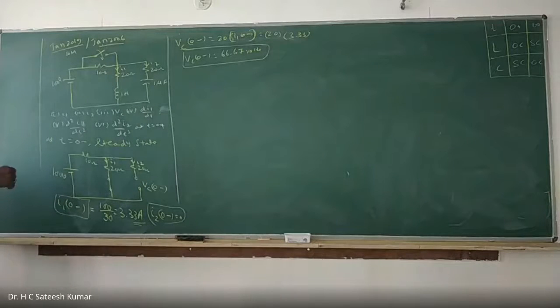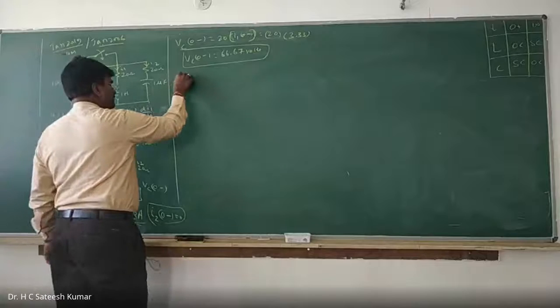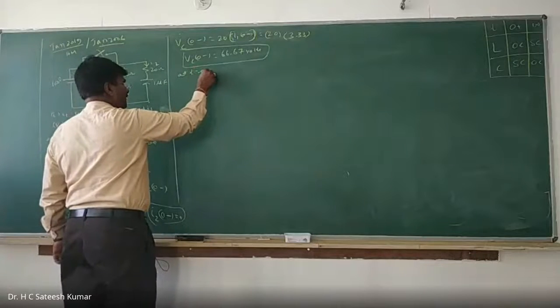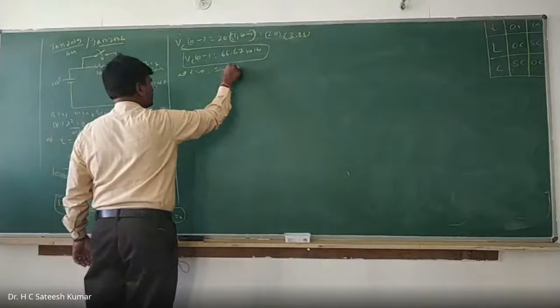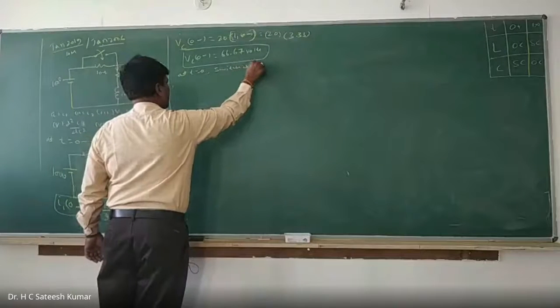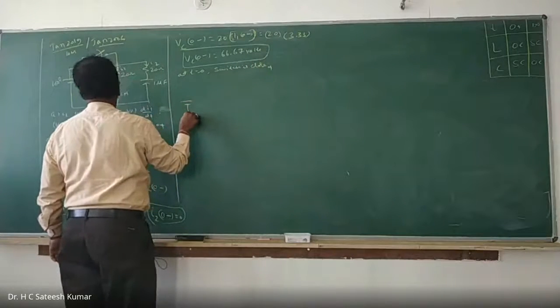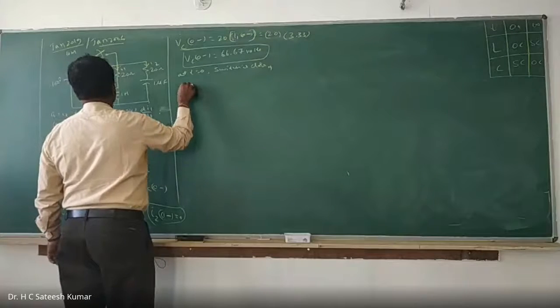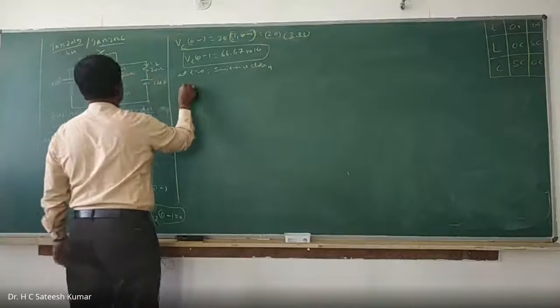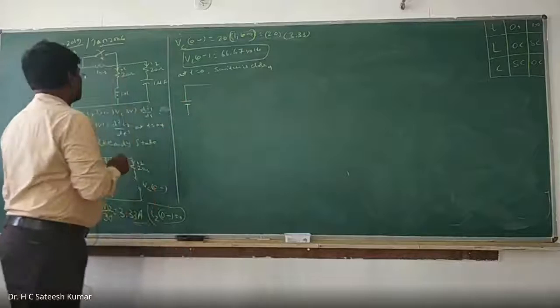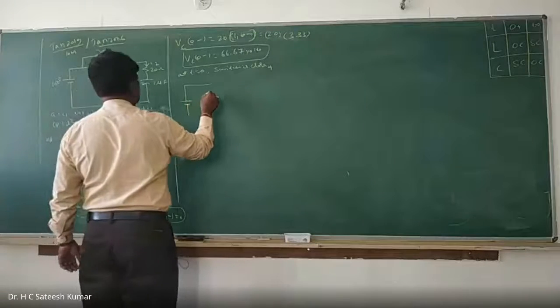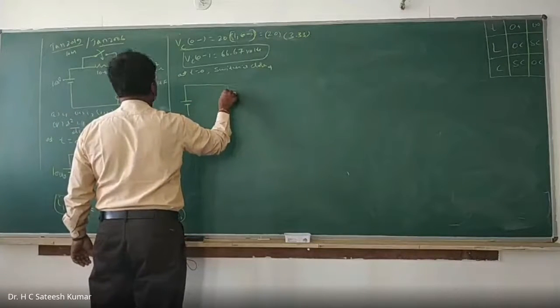So at t equal to 0, the switch is closed. What will happen to this? Once the switch is closed, this becomes short circuited. There is no resistor at all now.